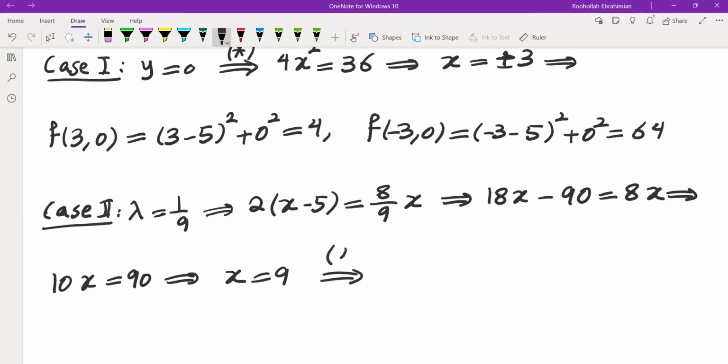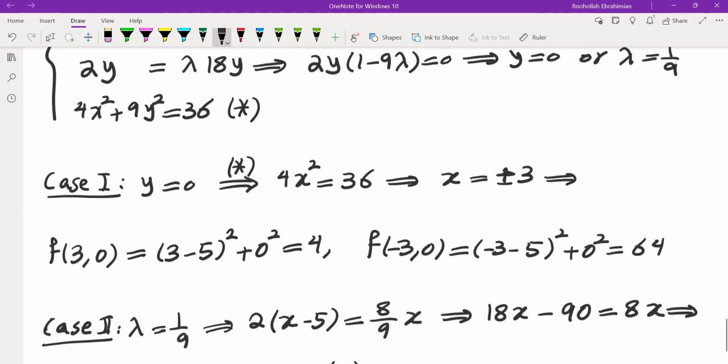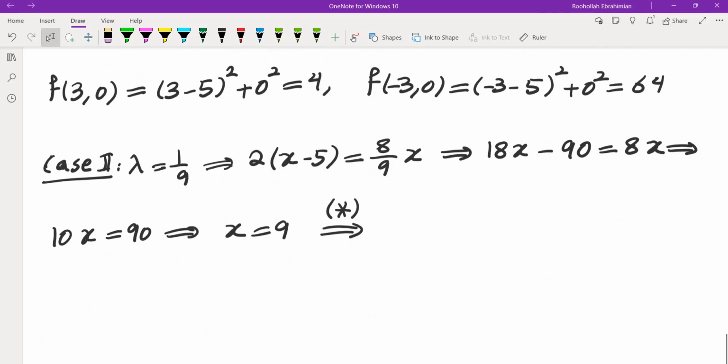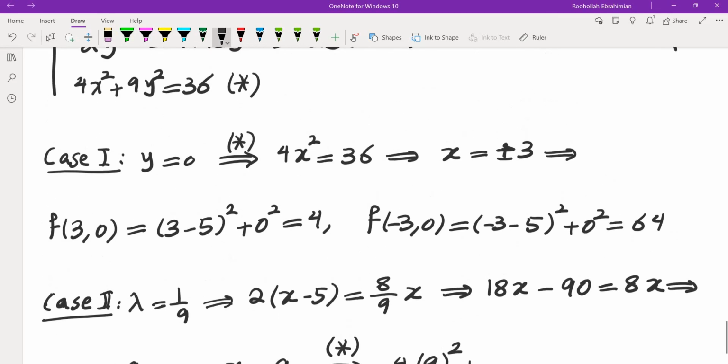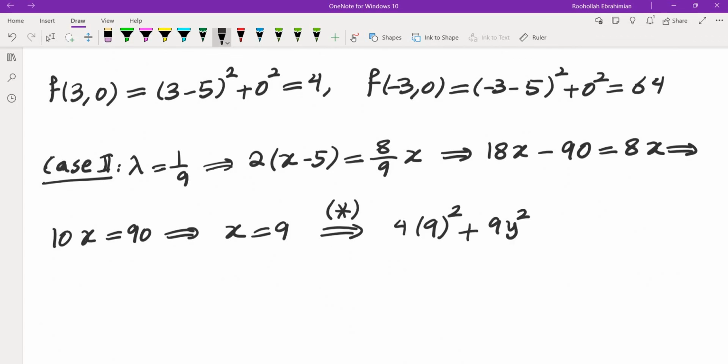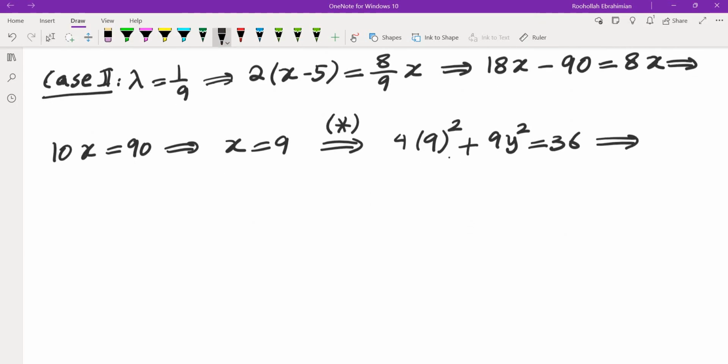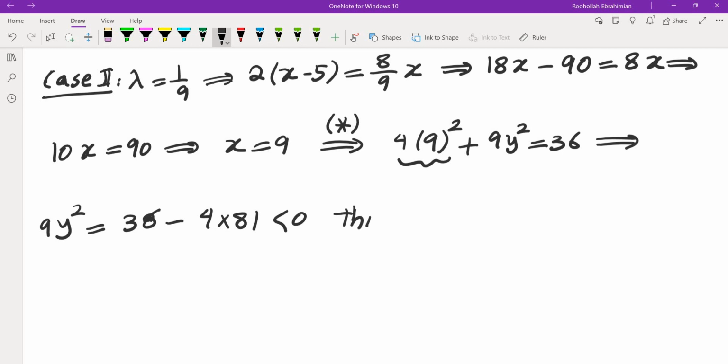Now we're going to plug that into the third equation, the star, to see what we get for y. We get 4 times 9 squared plus 9y squared equals 36. And this is clearly not possible because this is too large. This gives you 9y squared equals 36 minus 4 times 81, which is negative. So this is impossible.